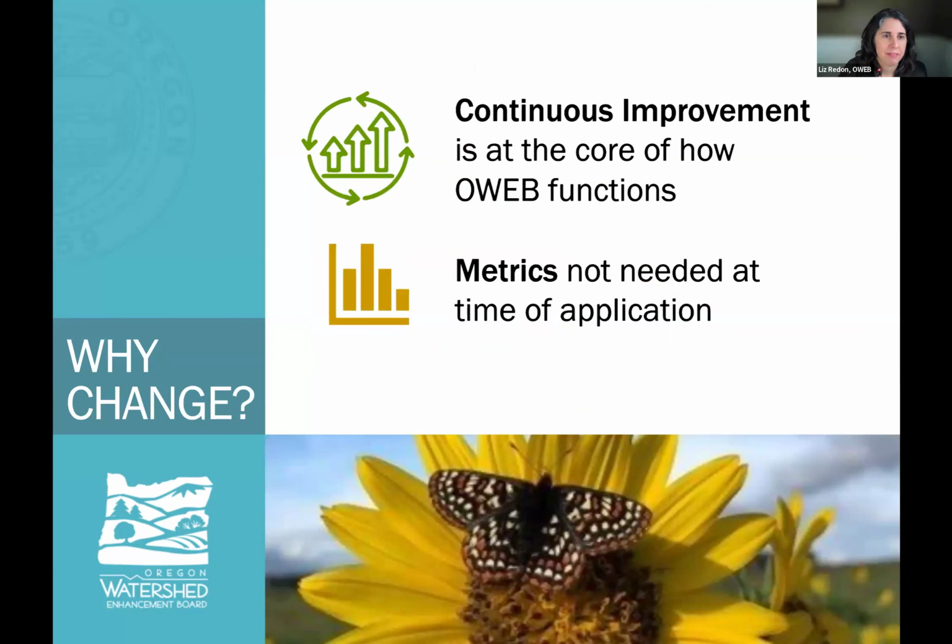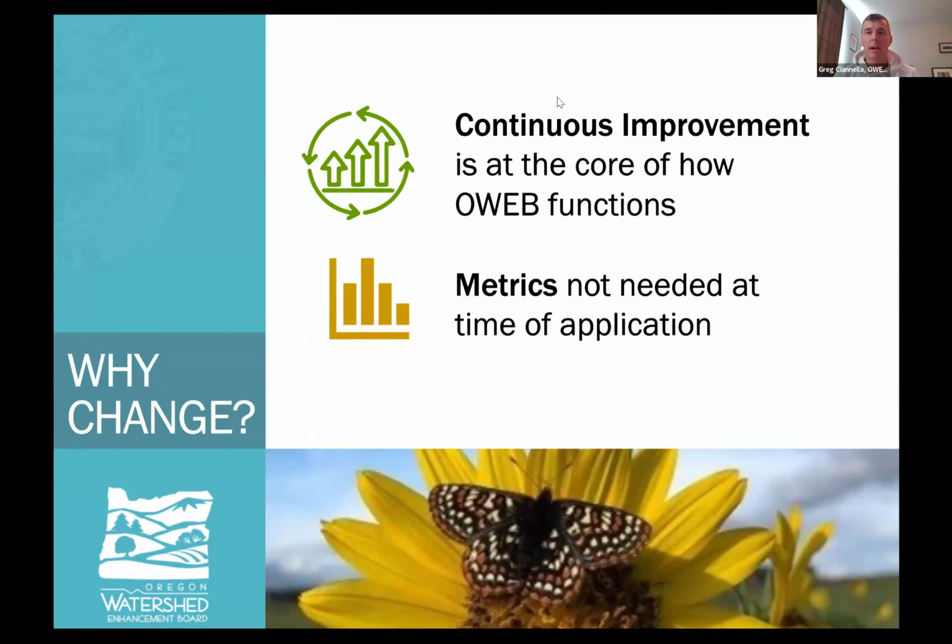All right. So why change? We have heard from a lot of folks, applicants, review team members, that our applications are redundant, repetitive, long, and we're also an agency that's very much focused on continuous improvement.